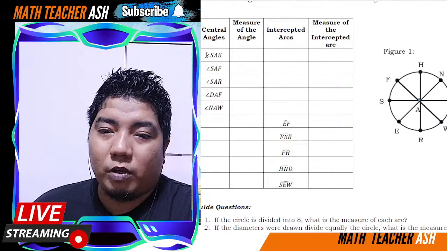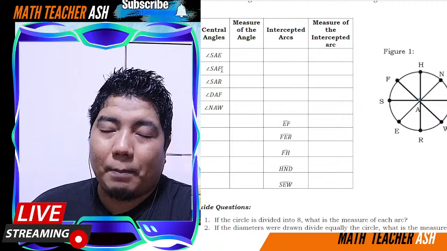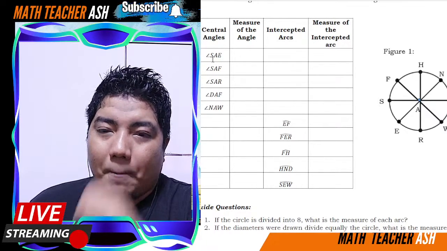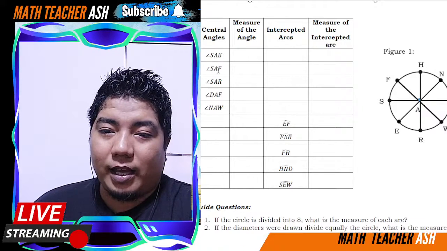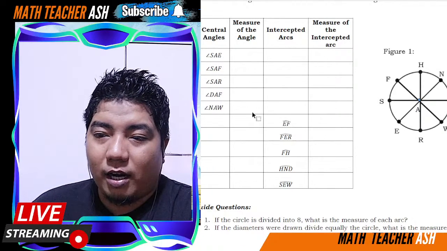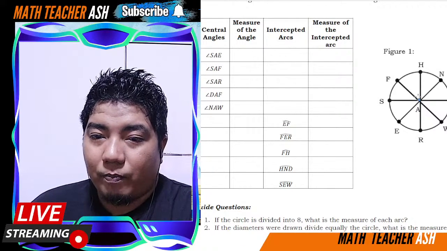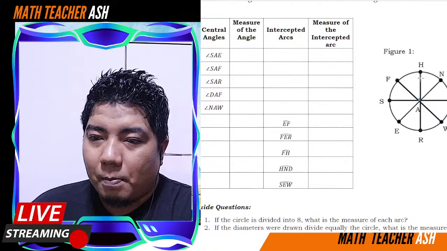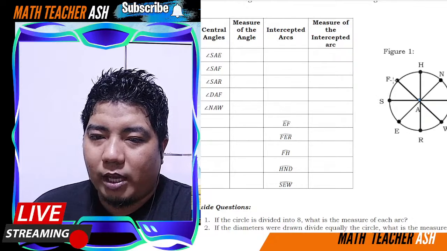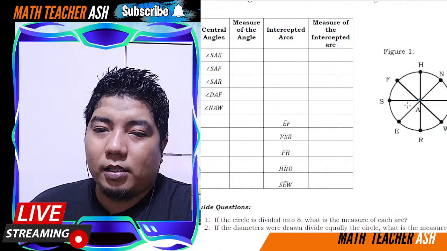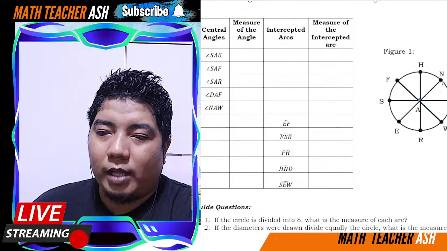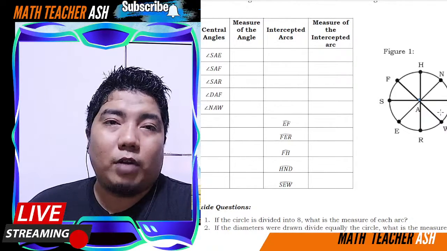So pansinin nyo, yung bawat dulo lamang ng pangalan ng central angles ang ginagamit. Okay, so we have the arc SE, arc SF, arc SR, arc DF. Okay, DF. Kasi DAF. Ito yun na arc. Mas maliit pa rin sa semicircle. So, DF lang tayo dyan. NAW. So, ito pa rin. Less than the semicircle. So, NW lang tayo. So, ganun lang kadali, my dear math learners.